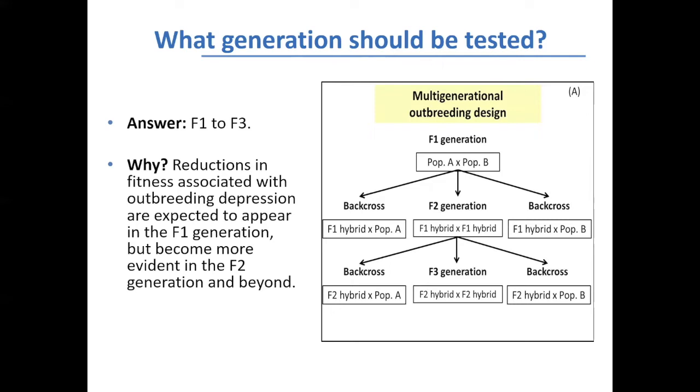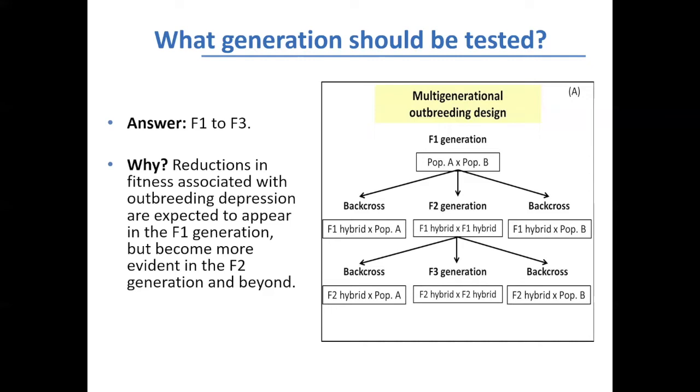Without question, looking at just one generation, the F1 generation, the 1st generation, can provide a pretty good and quick insight into whether populations are compatible or not. If eggs in many of the hybrid crosses are failing to fertilize, or you're seeing a high proportion of malformed offspring, it's highly likely that you're observing signs of genetic incompatibility and outbreeding depression. So a lot of information can actually be gained quickly from crossing for just one generation.